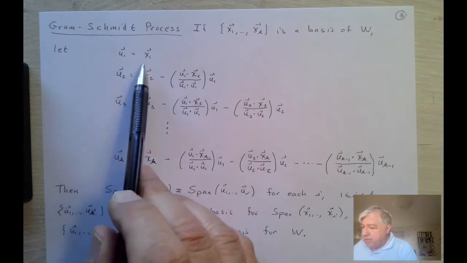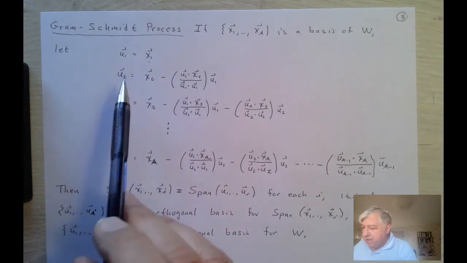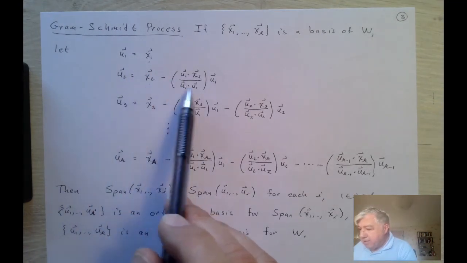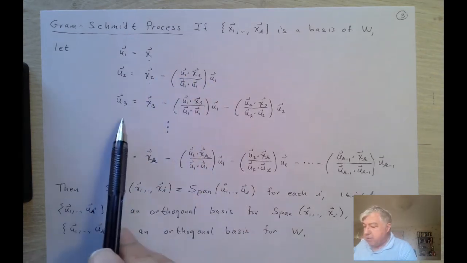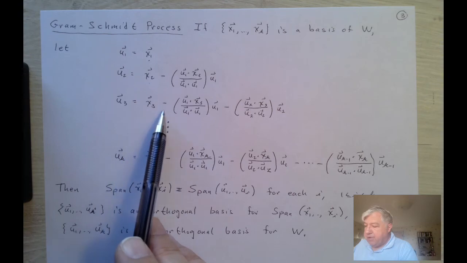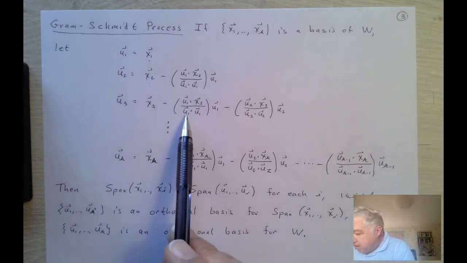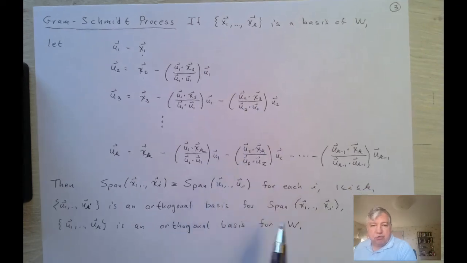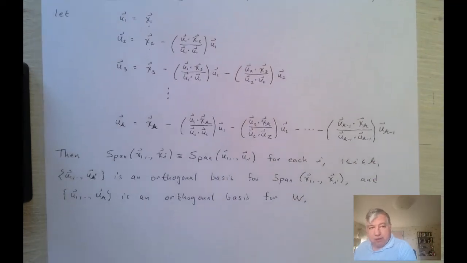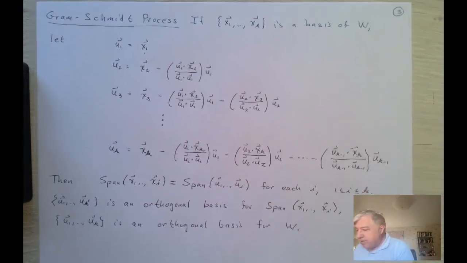So u1 is just x1, the original vector. Then u2 is x2 minus the projection of x2 into the span of u1. u3 would be x3 minus the projection of x3 into the subspace generated by u1 and u2, and so on. Okay, so that's what's really going on here.